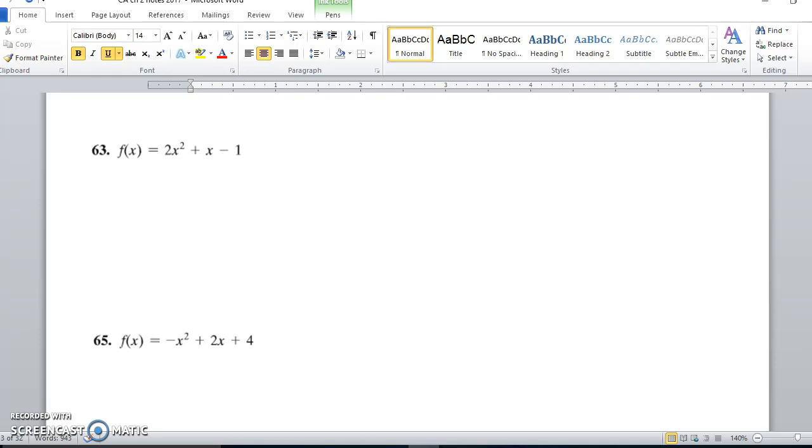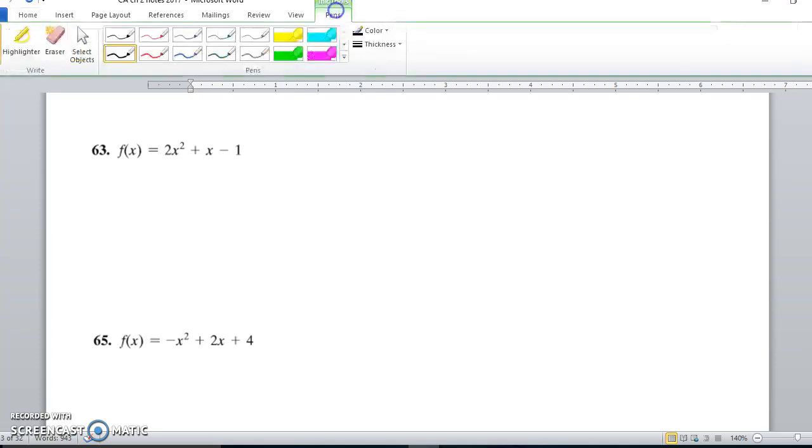So on the difference quotient, we're going to start with 2 times x plus h squared plus x plus h minus 1. And we'll color code this.